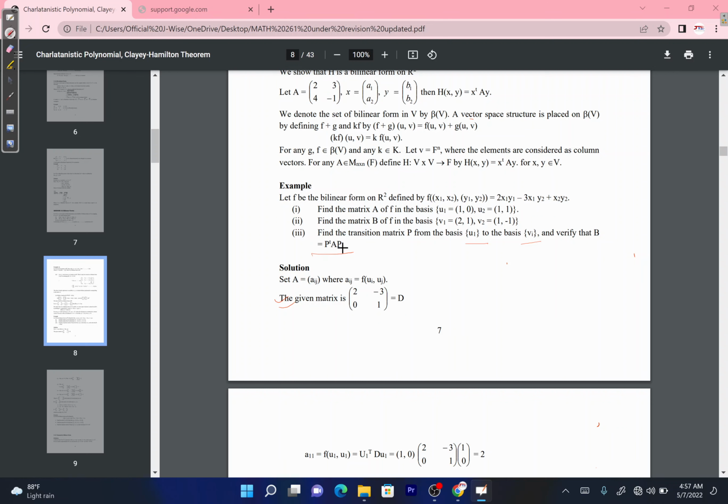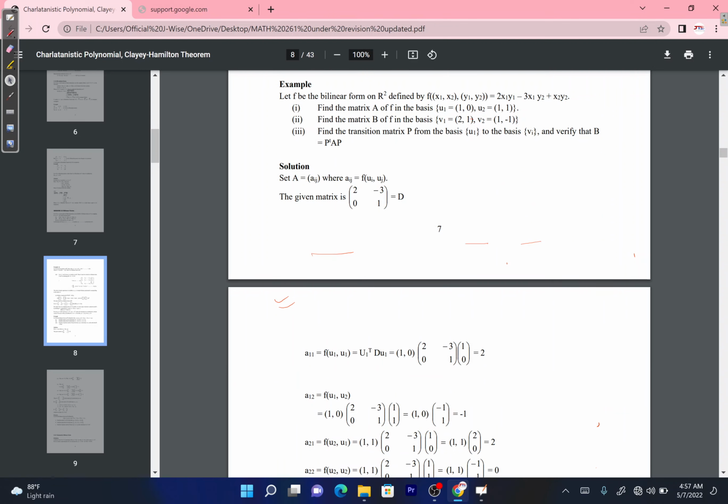First of all, let's form our transition matrix. To form our transition matrix from the basis ui to the basis vi, we express vi as a linear combination of the ui.